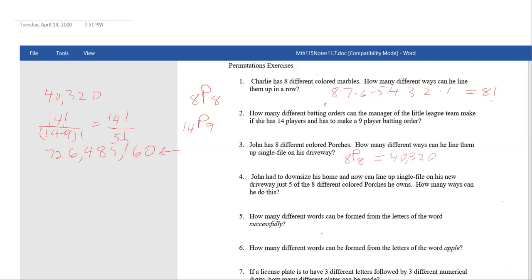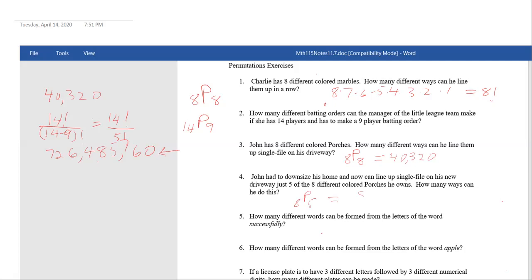Okay. Now he has a problem because he had to downsize, and 5 out of the 8 he can only line up. So he has to pick his best 5 and line them up. So we only have 8 with 5 at a time. Okay.